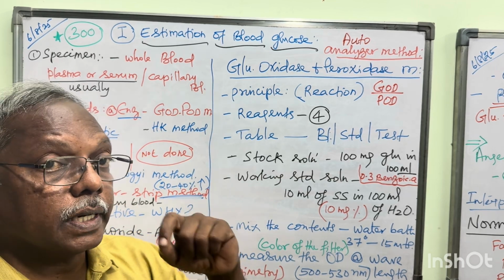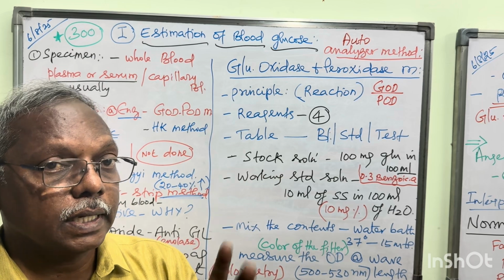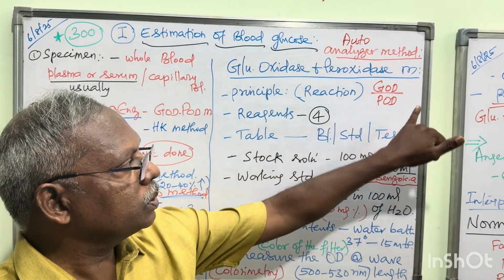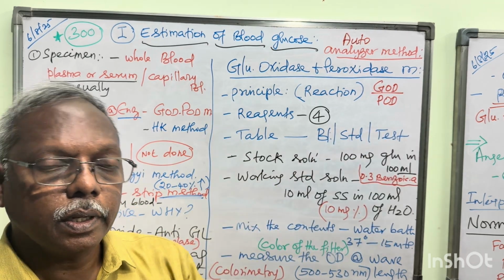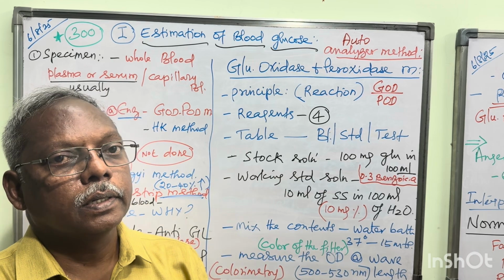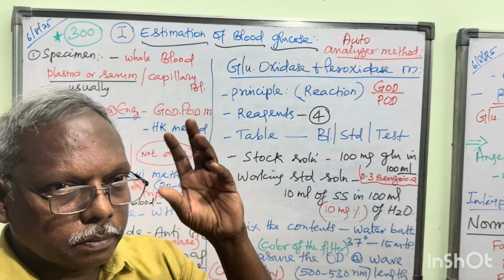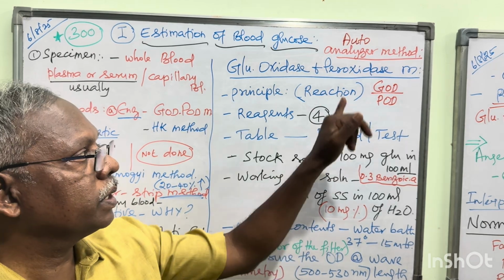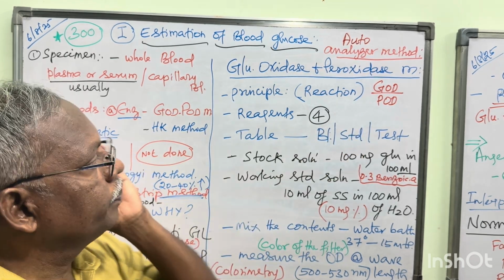What is the role of hydrogen peroxide in this? You have to mention one reaction for GOD and one reaction for POD. Different colleges give different estimation methods, but the reaction is common: one is the GOD reaction, another is the POD reaction.